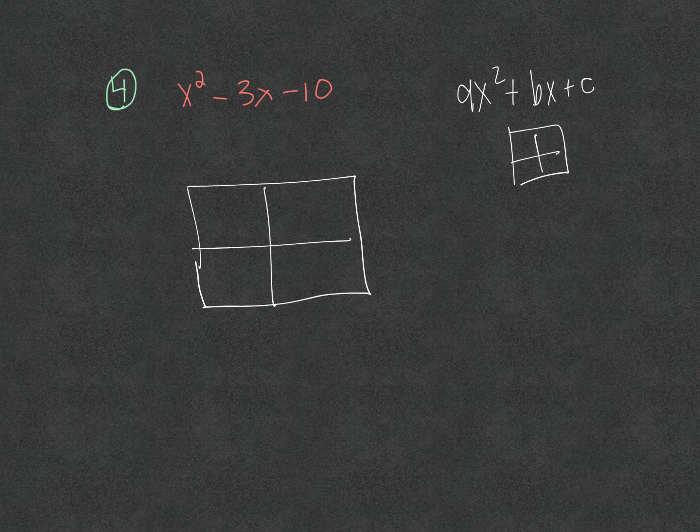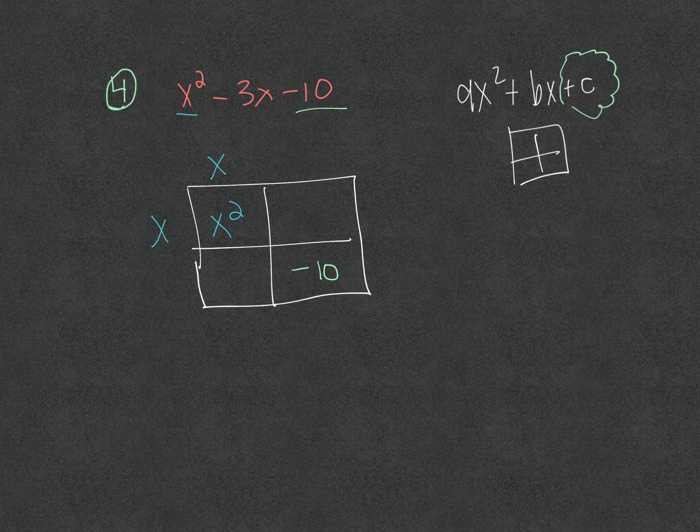Okay, so we're looking at what I know first. I know this is x squared, lock it in, x times x. Okay. What do I know over here? This is a negative 10. When I see a negative constant value, that negative c, then I know that I need to have one positive factor and one negative factor.